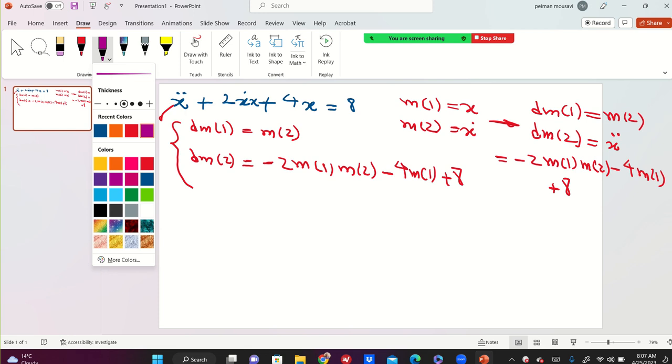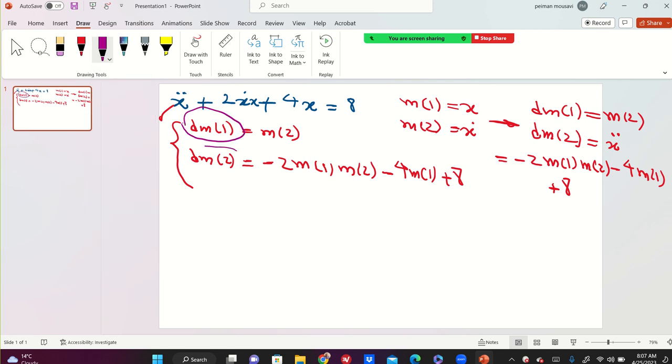I told you in the previous class the first step is to find the equilibrium point of the system. The equilibrium point means the velocity and acceleration are 0. So this is velocity and this is acceleration. Because dm1 is velocity, m2, and dm2 is acceleration. So when it's 0, m2 is 0, meaning velocity is 0, obviously, because it's the equilibrium point of the system.